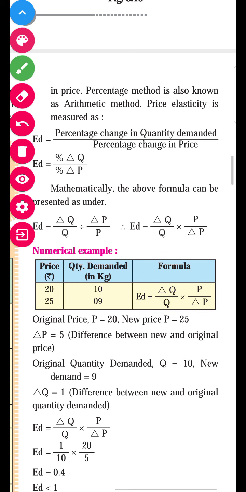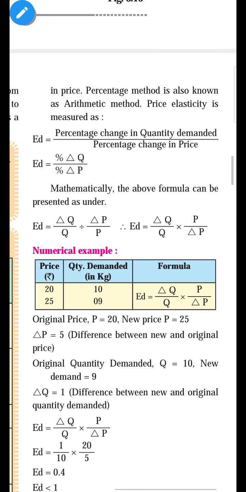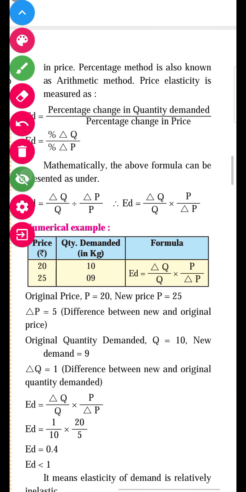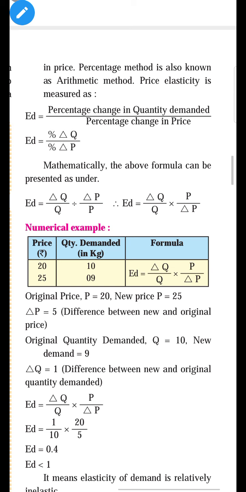So I hope you got the meaning of this table. This table is very clear, it's very simple to understand. In the first column price is given, and in the second column quantity demanded is given in kg. So when the price of the commodity is 20 rupees, demand is 10 kg.